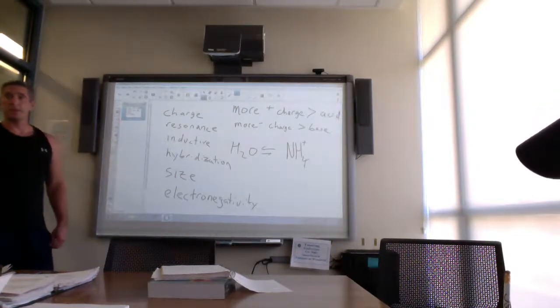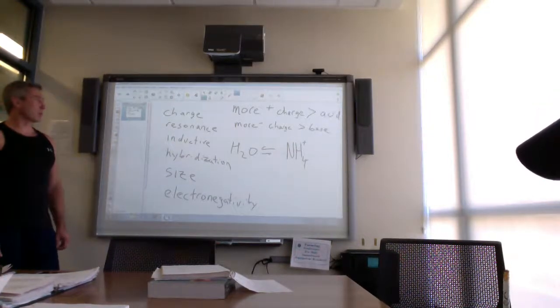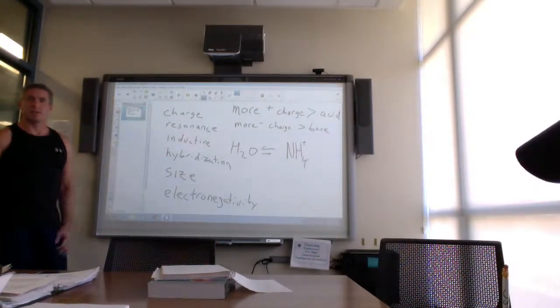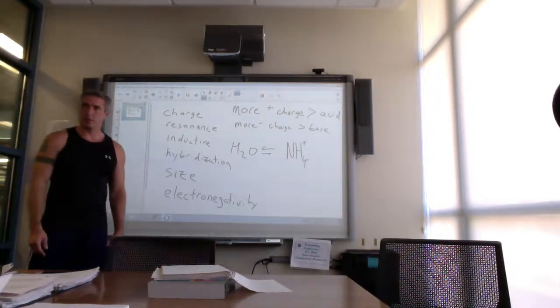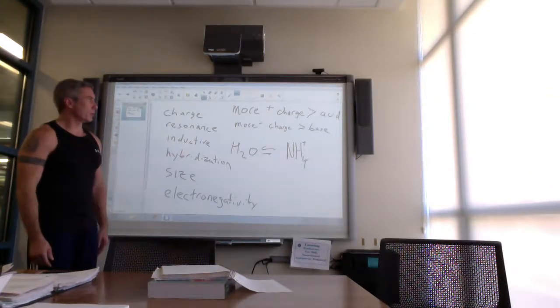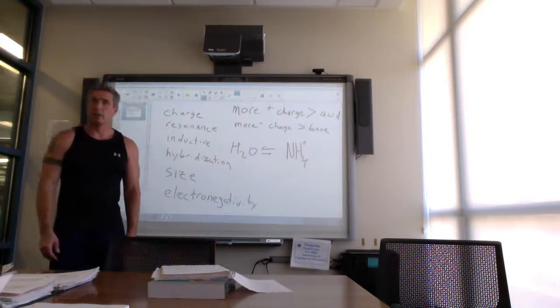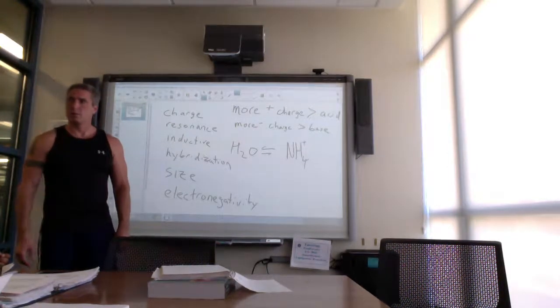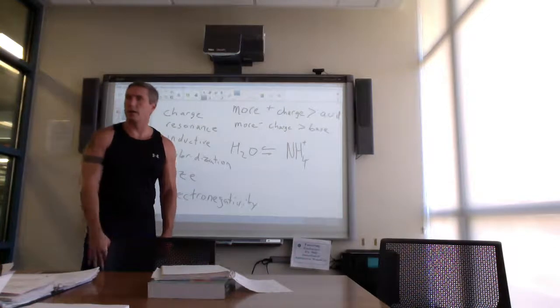The unfortunate thing is, when you get into weak acids and you're trying to compare them, there's no hard and fast rule for it. For example, NH4 plus, we said, has a pKa of about 9. Carboxylic acid doesn't have a charge whatsoever, but its pKa is about 4.